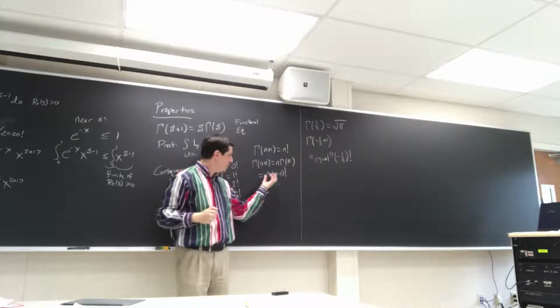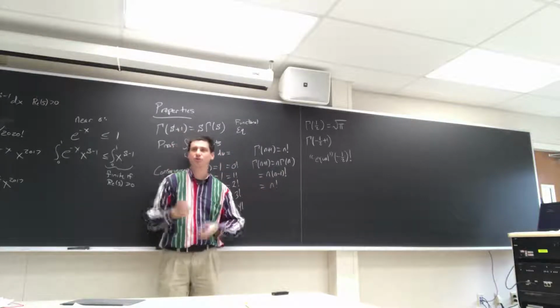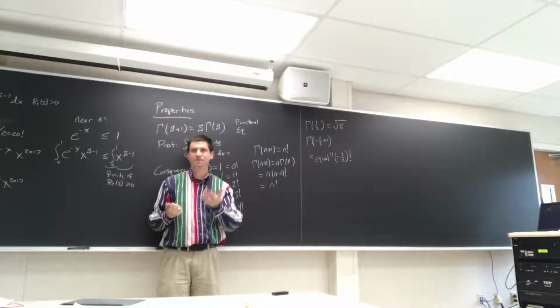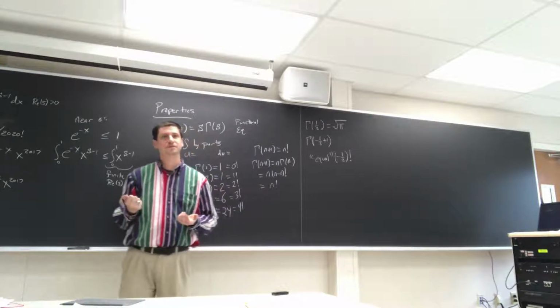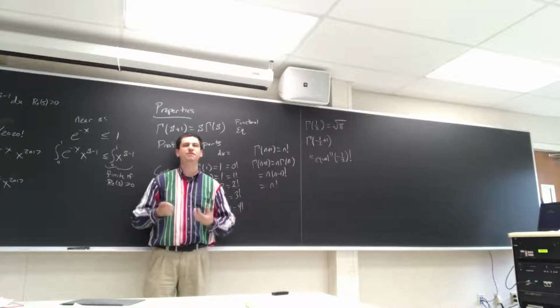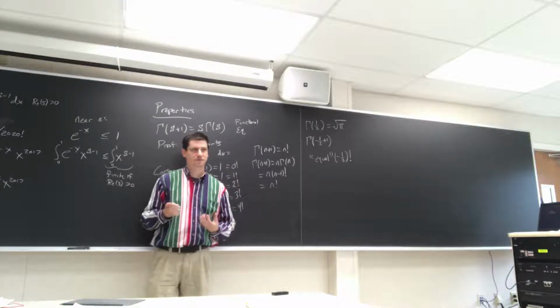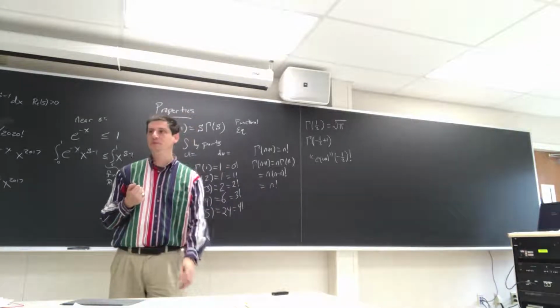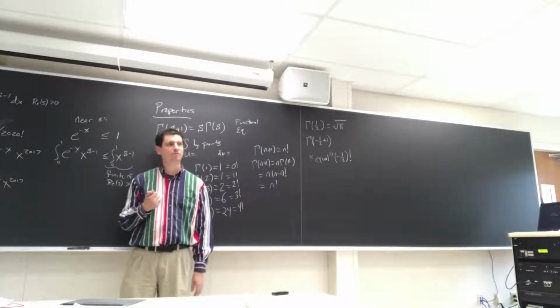Can somebody give me an interpretation of 3 factorial or 4 factorial? Yeah, it's every single integer, 4, 3, or 4. Well, that's how you calculate it. Can you give me what 3 factorial represents? You know, it's 3 times 2 times 1, but can you give me what that might represent?